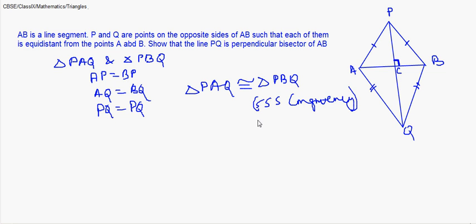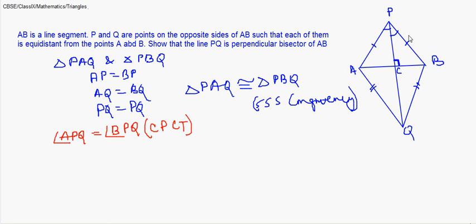Right? Now when this happens, the angles can be made equal. This angle will be equal to this angle by CPCT. So we write angle APQ is equal to angle BPQ by CPCT.